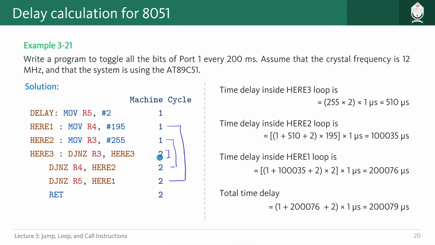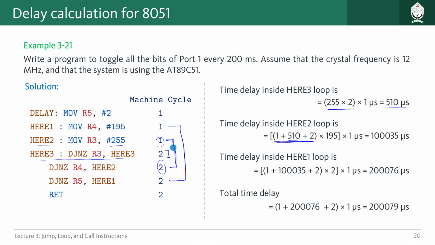So you can start with the inner one. Inner one takes what? 2 multiplied with 255. So 2 multiplied with 255, this is the amount of machine cycles taken by the inner loop, here 3, and you get the amount of time. Then we can look at here 2, this one, right? And for this one, we will add these machine cycles with the outer portion. So this portion and that portion, you add these two, you are going to get the total amount of machine cycles you are going to spend for one loop of here 2 loop, okay?